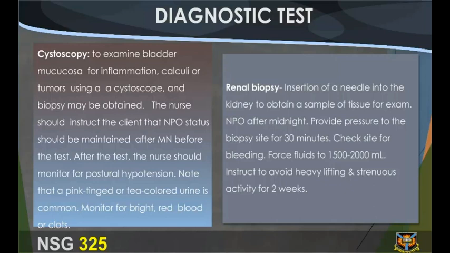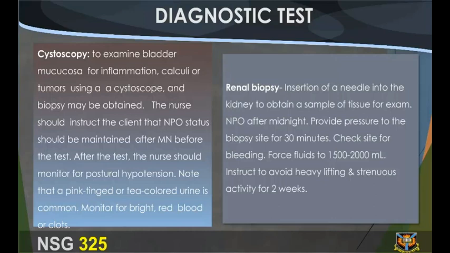The nurse should instruct the client that NPO status should be maintained after midnight before the test. After the test, the nurse should monitor for postural hypotension. Note that pink-tinged or tea-colored urine is common. Monitor for bright red blood or clots.